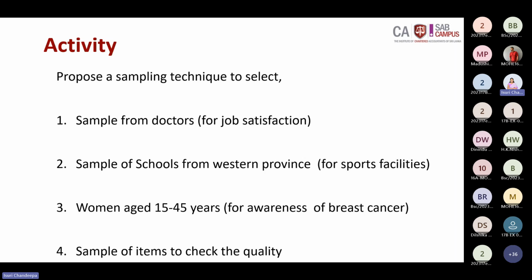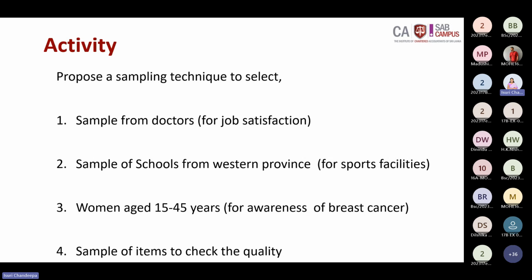Okay, now let's propose sampling techniques to select, right? I have given you here some research sample populations. By reading these items given to you, identify the sampling technique which is relevant for each and every topic here.